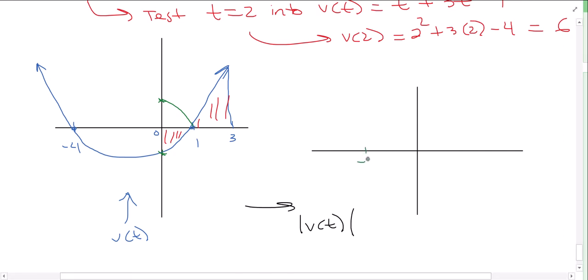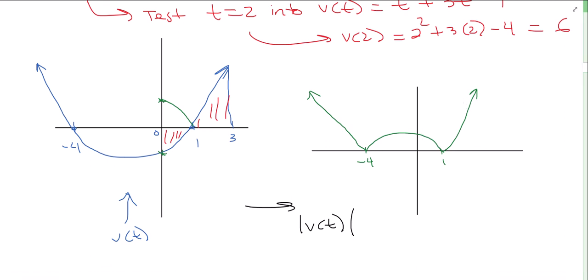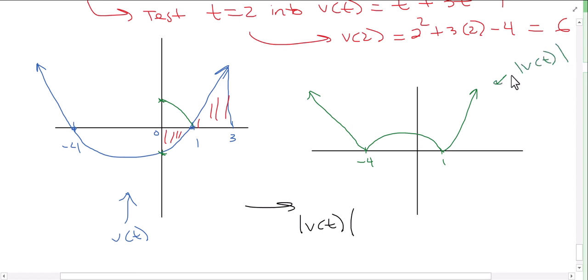Then it's still going to cross the axis at -4 and at 1, but whatever's positive will stay positive. So from -infinity to -4, and then from 1 to infinity, that will be positive. But then this part that's under the axis has to come up. So this will be the absolute value of the velocity function. So this is the absolute value of v of t.